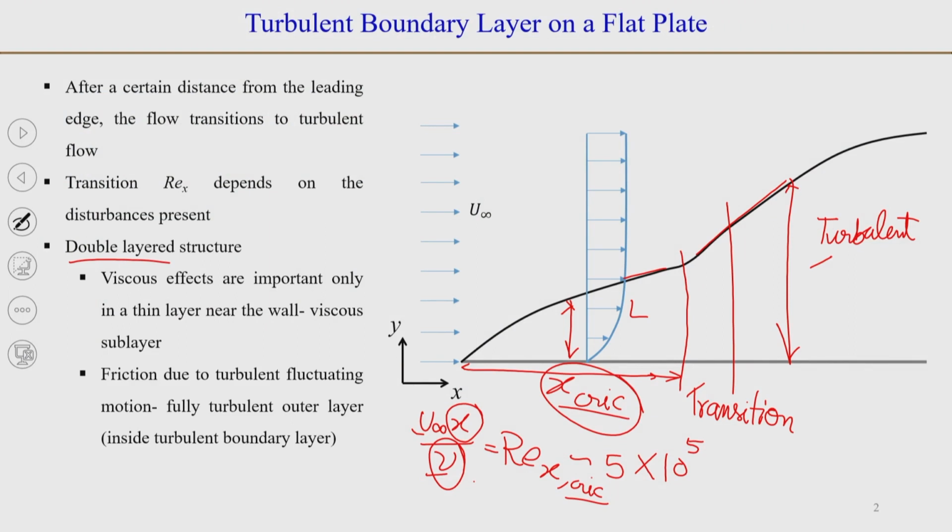But from the physical point of view, there is a very thin layer near the wall in which viscous effects are important, which we call the viscous sublayer, and the outer layer where turbulent fluctuating motion is important and it causes the friction, and where the Reynolds stress will be dominant. So, this is fully turbulent, what is called the outer layer. Remember that this is not the outer flow.